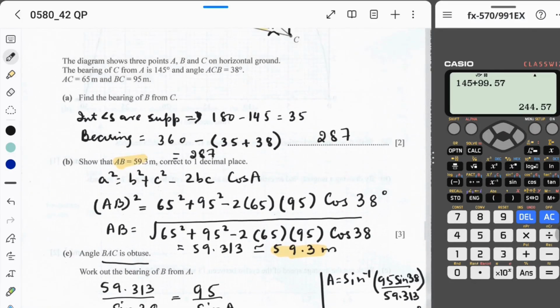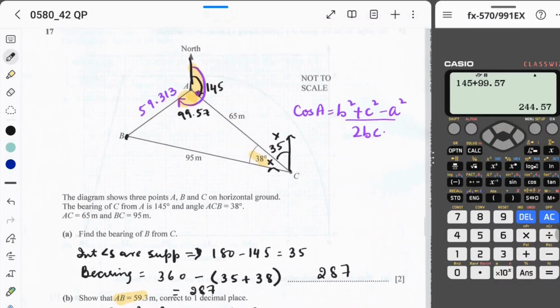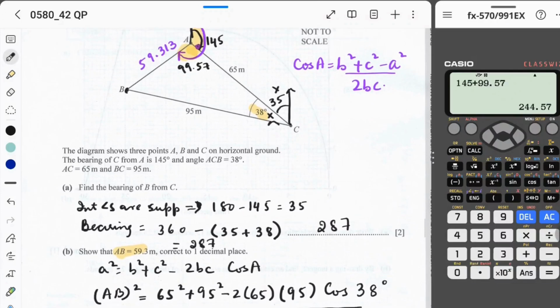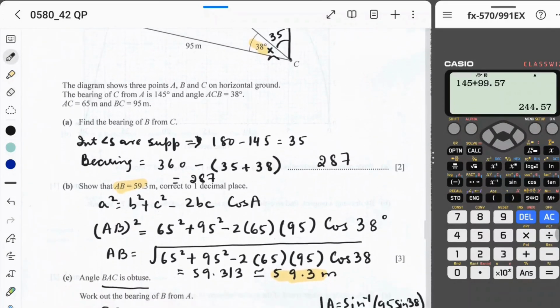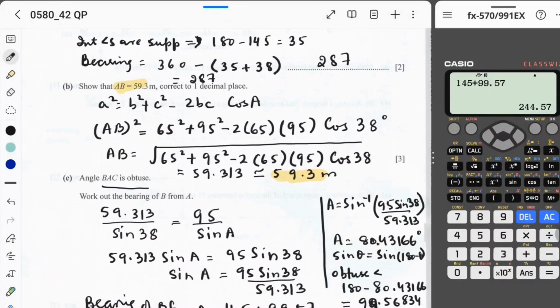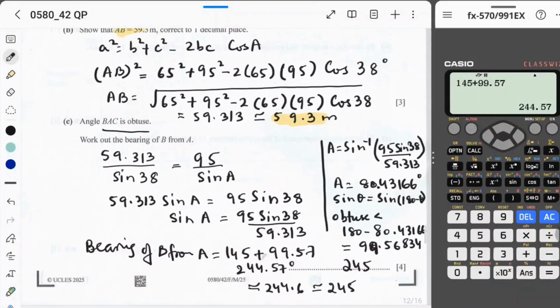So that was a trigonometric question. In this question, first we found the bearing of B from A, and I've explained it in detail. Then AB is equals to 59.3 with the help of the cosine rule. BAC, it's a tricky thing. Whenever you find the acute angle, you must subtract from 180 degrees, and then you get an obtuse angle. Whenever you do the question, please read everything very carefully, because it will be helpful for you to find the answer.